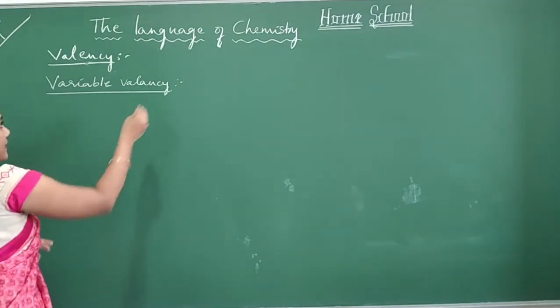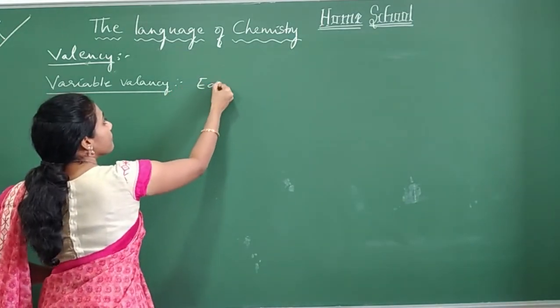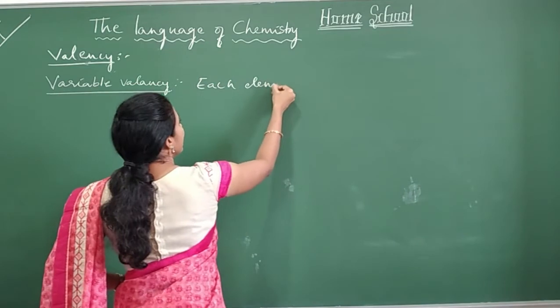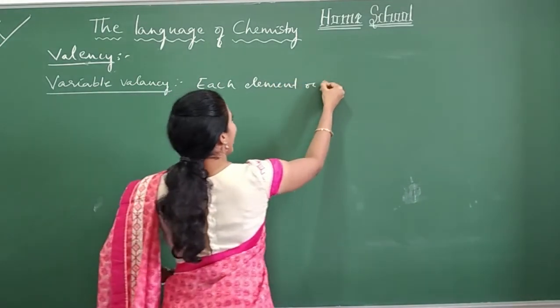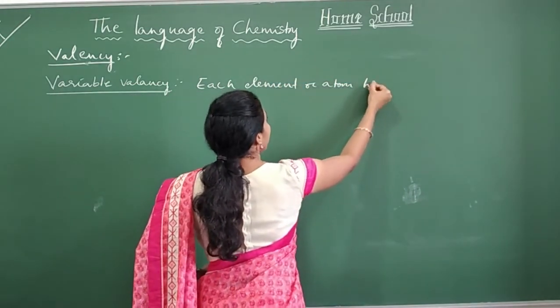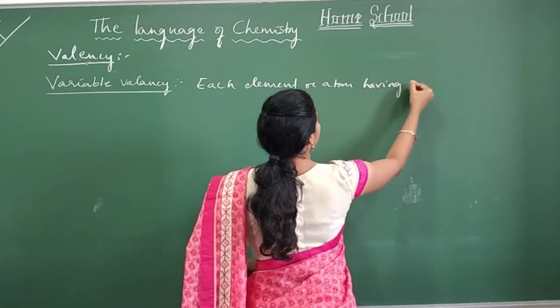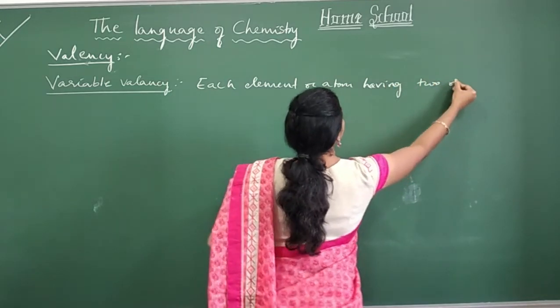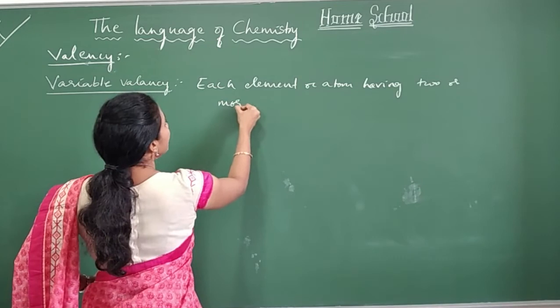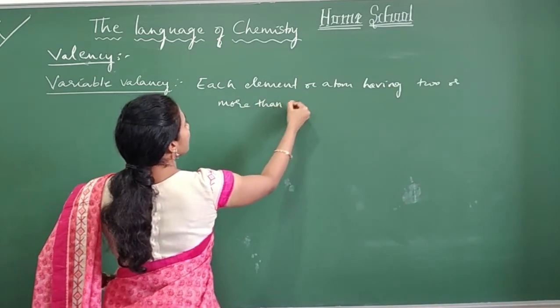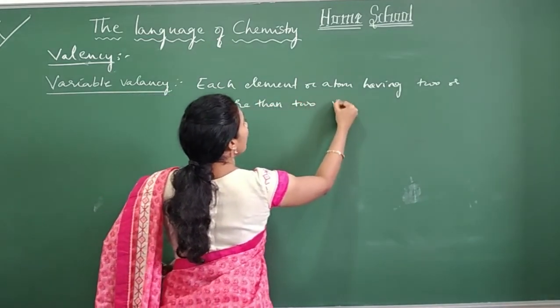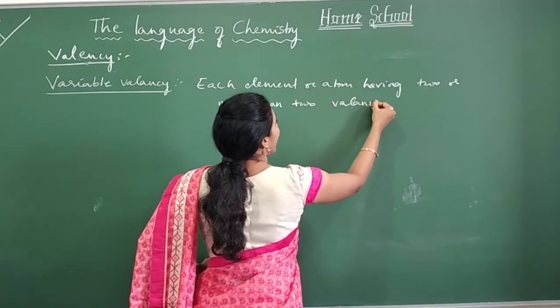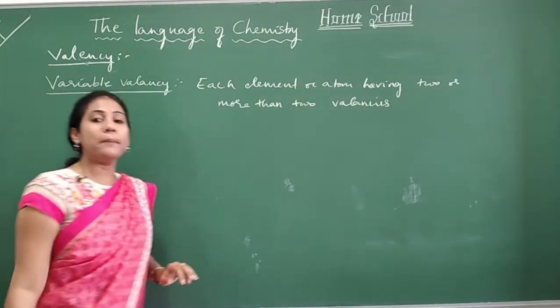Variable valency in the sense, each element or atom having two or more than two valencies is called variable valency.